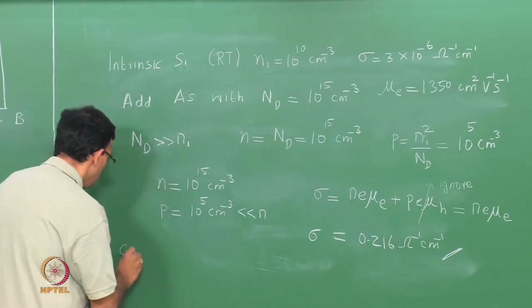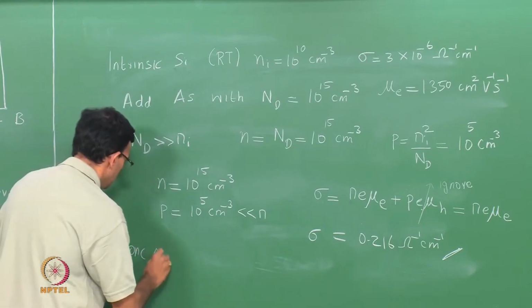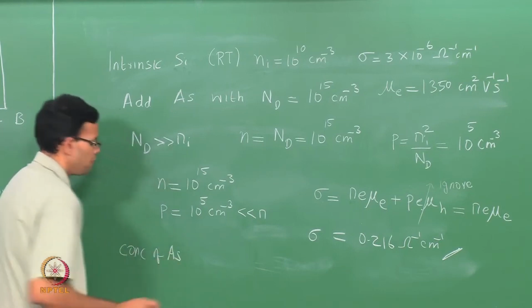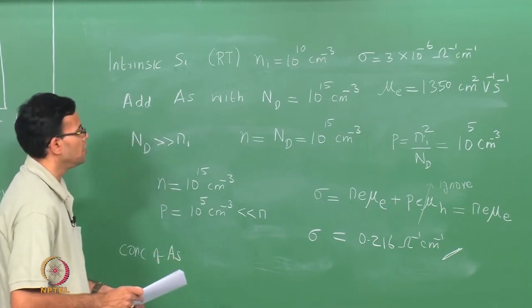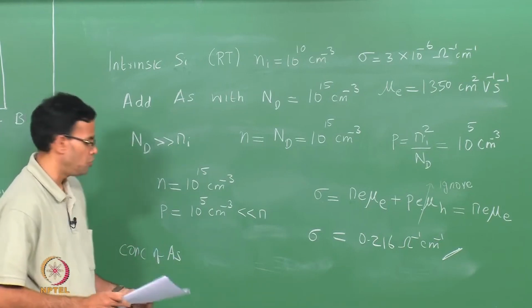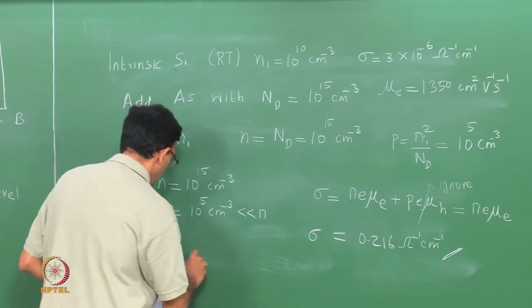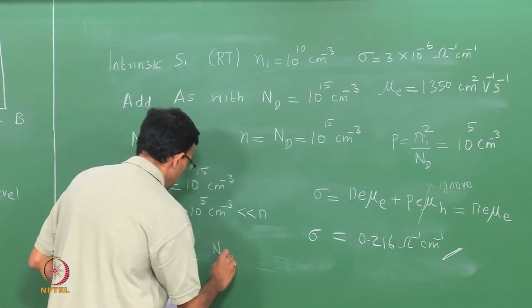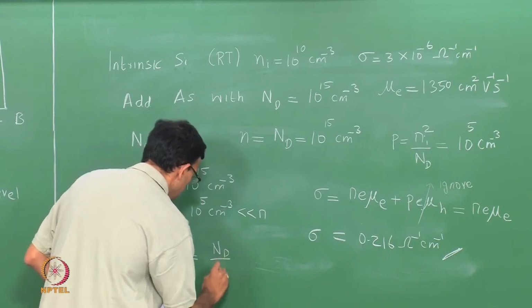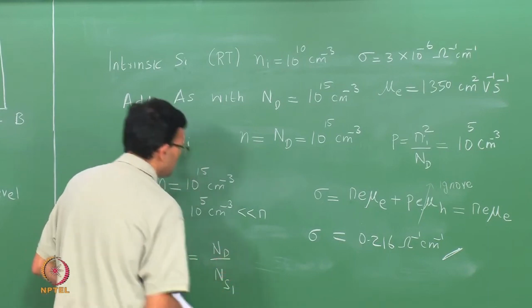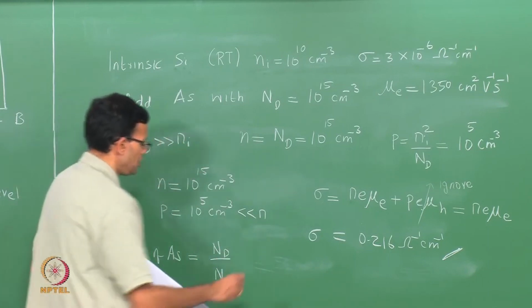To know the concentration of arsenic, we need to find out the number of silicon atoms per unit volume. So, let me say this is the concentration of silicon.